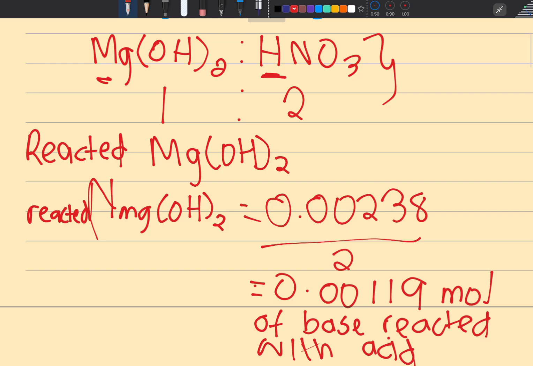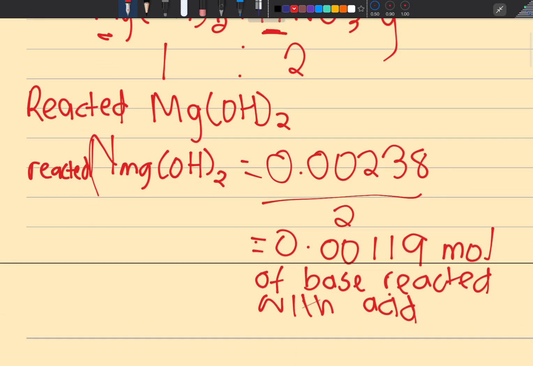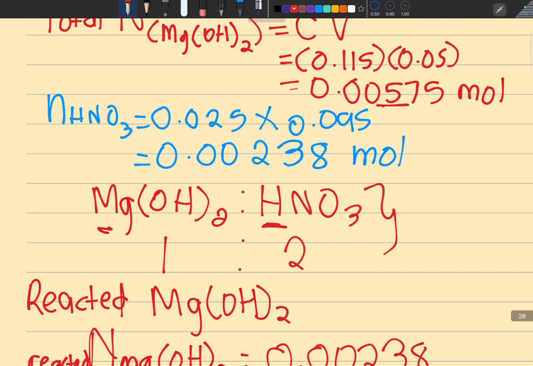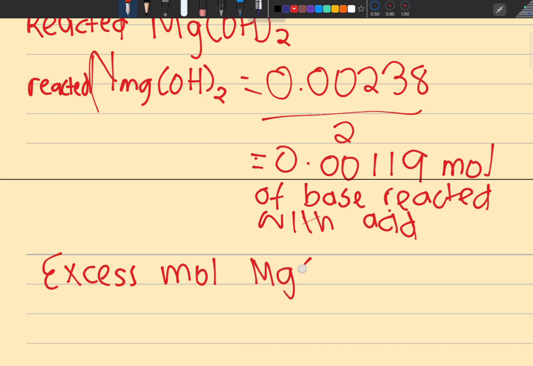So if the acid has taken only 0.00119 moles out of 0.00575 moles, how many am I left with in excess? So now I want the excess moles for the base, Mg(OH)2. Remember, when you do excess, you take total minus what has reacted.